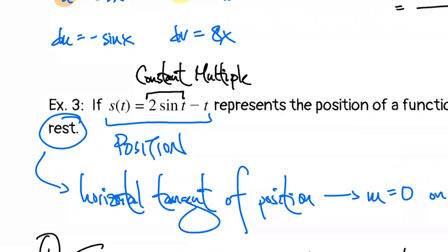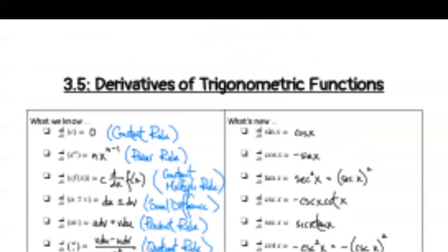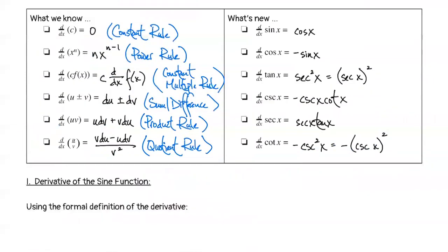This is a constant 2 multiplied by a function sine t. If we go back to the top where we reviewed all those rules, the constant multiple rule says I can take the constant out and then just take the derivative of the rest of it. So that's one answer to your question, okay?